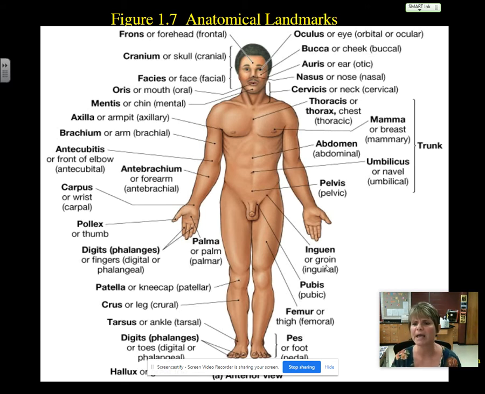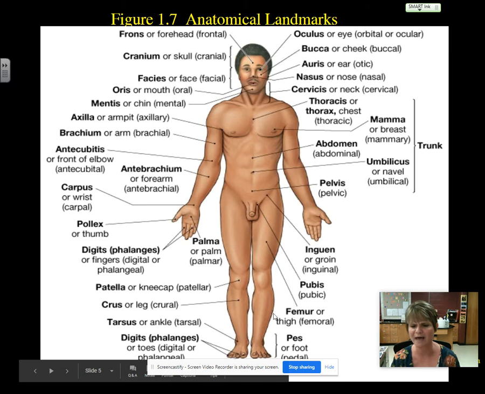There's another one that's not here, called the sternum or the sternal area. It's not really, this is just calling it the chest. The thoracis or the thorax or thoracic area is the chest. So that's going to be this whole area here. But right here in the middle over your breastbone, that's called the sternum or sternal area, and that's referring to the breastbone.